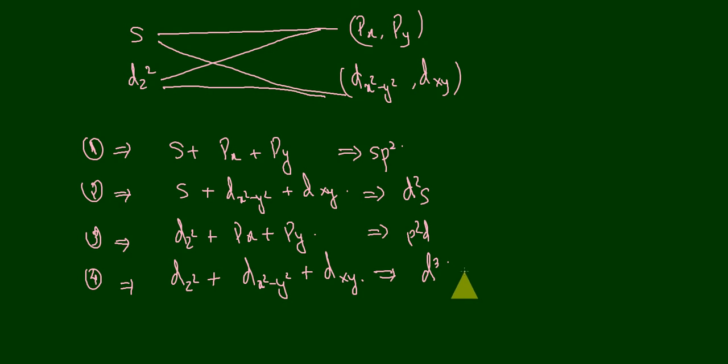But symmetry is not the only factor which determines the hybridization. There are other factors like orbital availability, then energy of the orbitals, etc. For example, energy of the orbital will be determined by quantum mechanics, and the orbital availability will be determined by the atom itself. Different atoms may have different electronic configurations because they have different atomic numbers, and they have different oxidation states and so on. So orbital availability will be different.